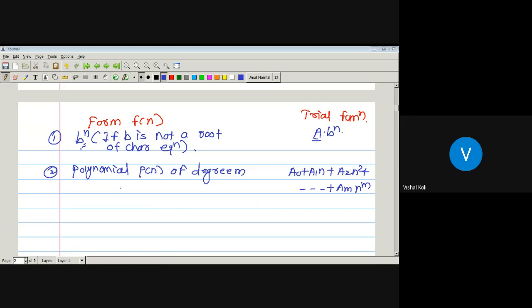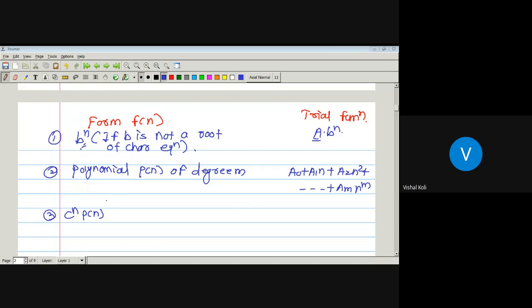Now the third case: c to the power n into polynomial p of n. In the first case only b raised to n is on the right hand side, and in the second case p of n is a polynomial. Now suppose it is a multiplication of these two forms, c raised to n into p of n.